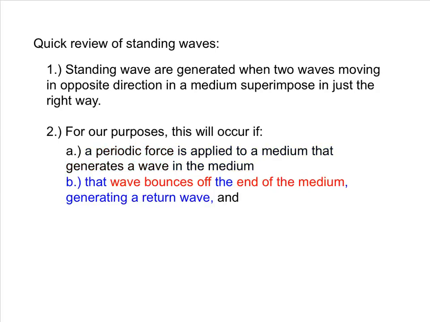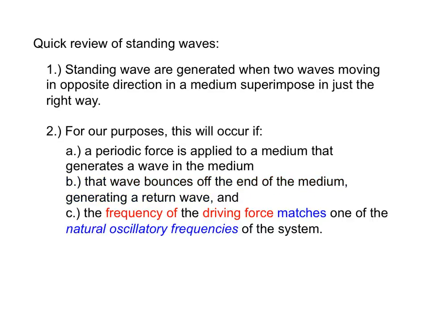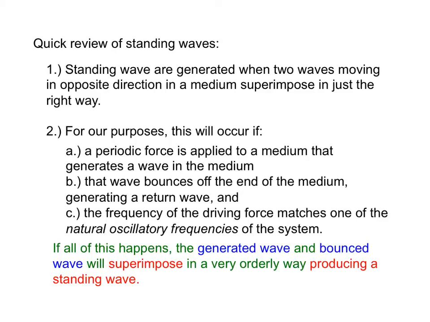We're assuming that wave bounces off the end of the medium and generates a return wave. And we're assuming that the frequency of the driving force that produces this generated wave matches one of the natural oscillatory frequencies of the system. If we get all those conditions, the generated wave and the bounced wave will superimpose in a very orderly way, and it will produce what's called a standing wave.